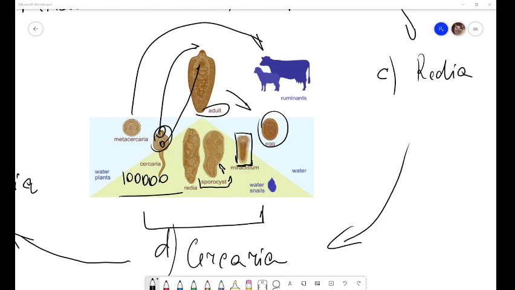But it is not important for causing the disease, because in a liver you cannot find the infective form.